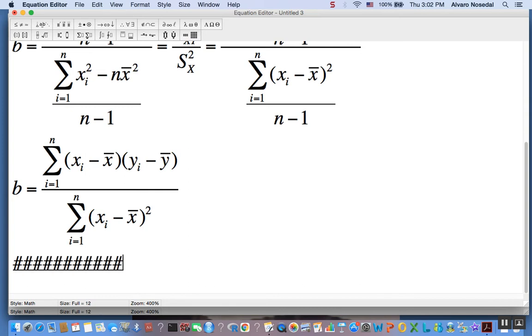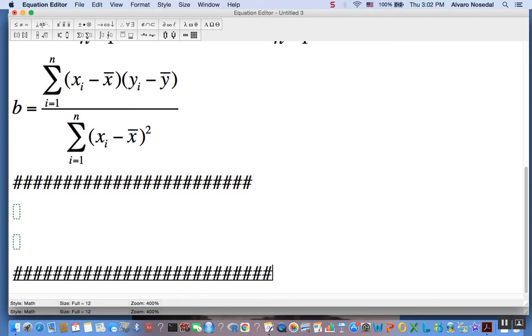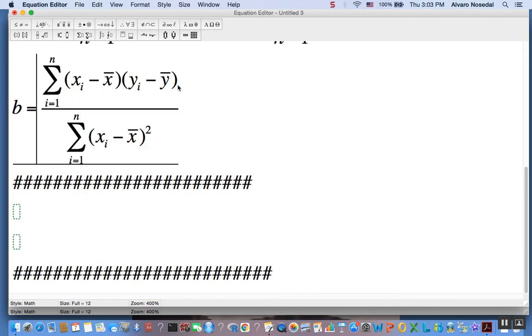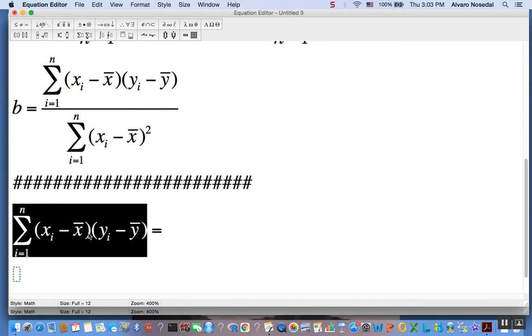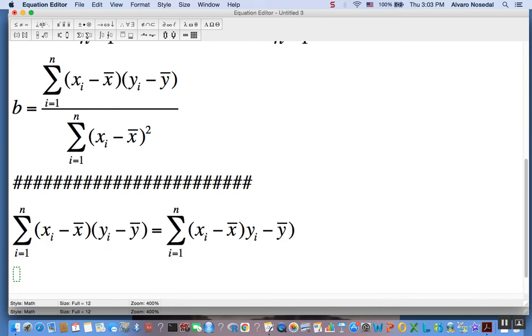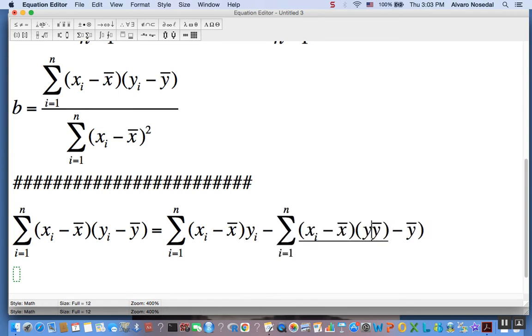Let me just make an additional observation about the numerator. Let's play around with this guy. Just this guy, that's the one I am interested in. So this is the same as the summation of xi's times yi minus, and then we're going to have this.